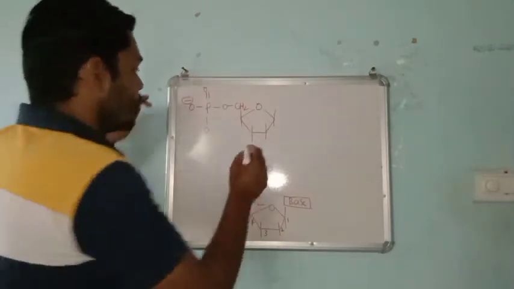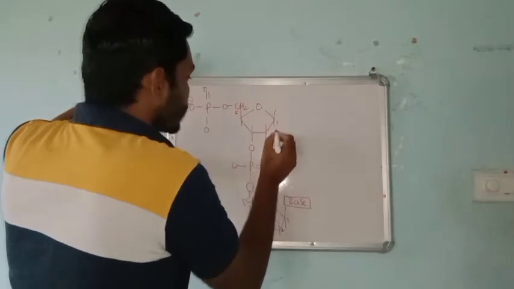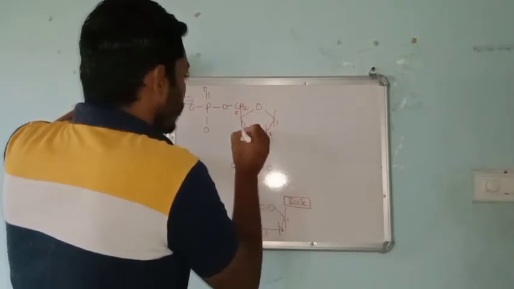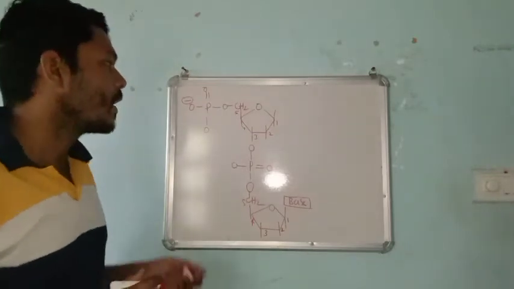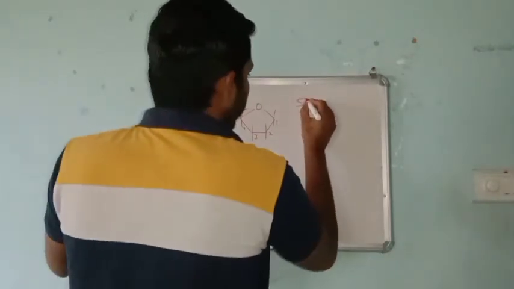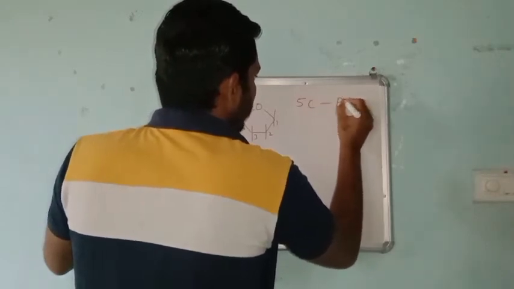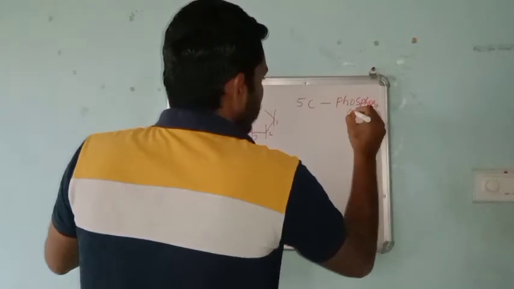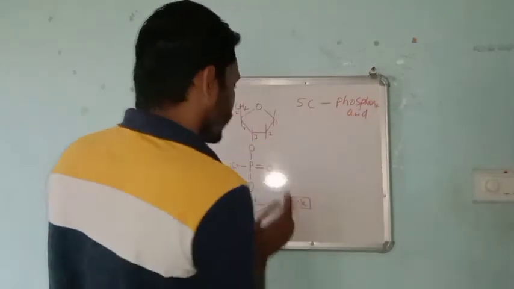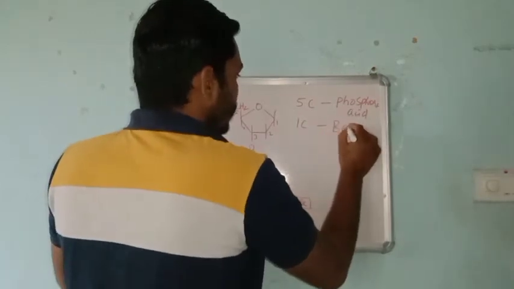And again, at the fifth position itself, if I see 1, 2, 3, 4 and 5, at the fifth carbon there will be a phosphoric acid attachment, and at the first carbon atom there will be the presence of the base.